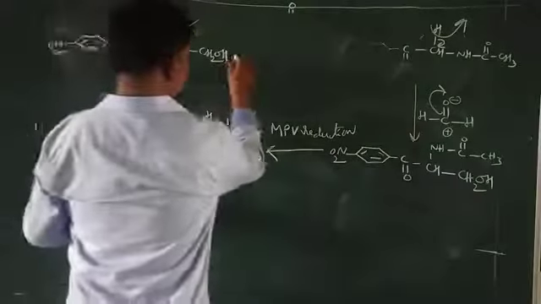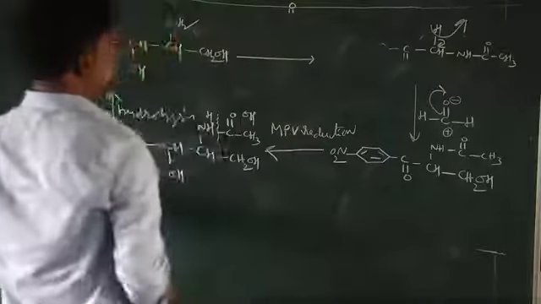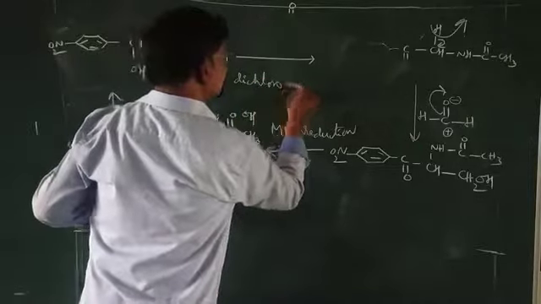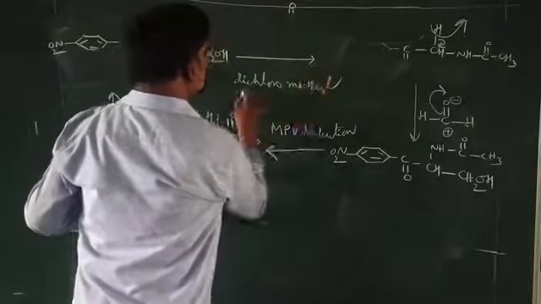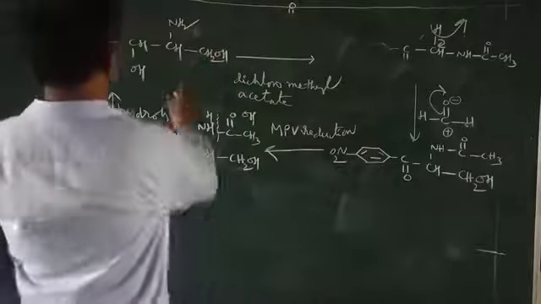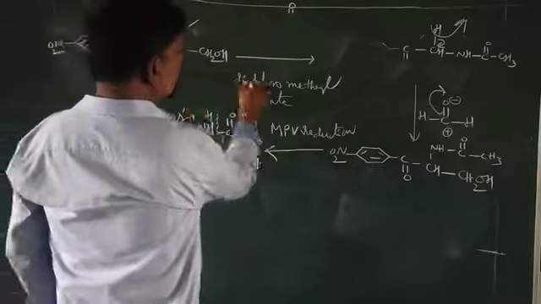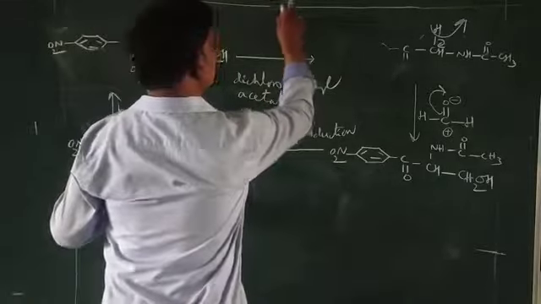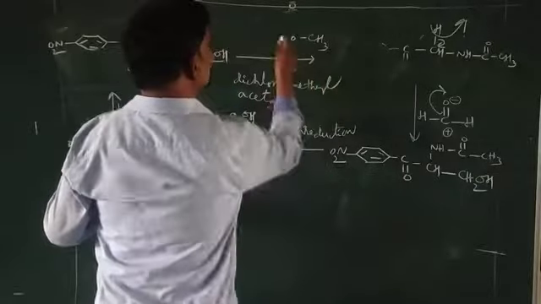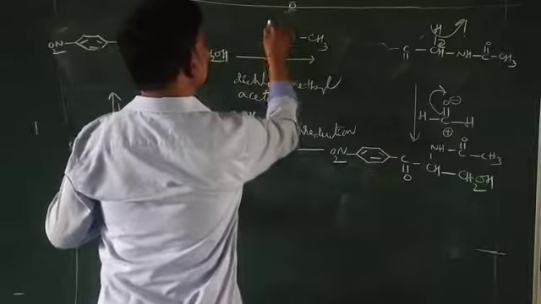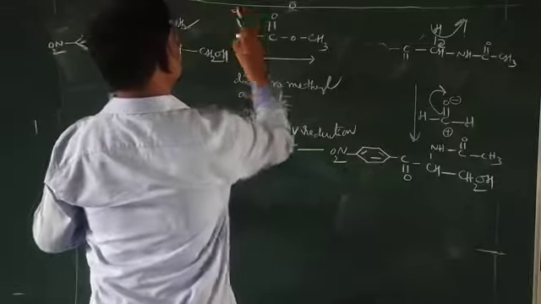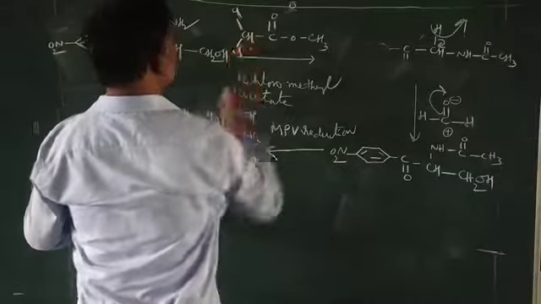Which is then treated with dichloromethyl acetate. So write down CH3O and C double bond O and CH, Cl and Cl.